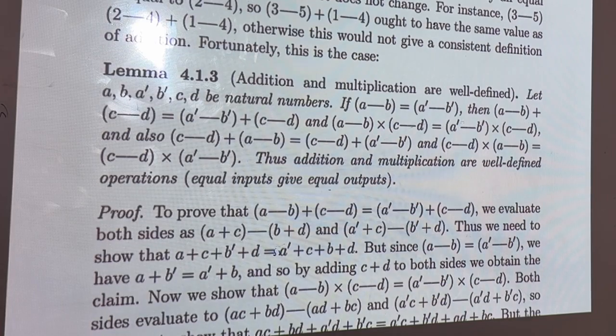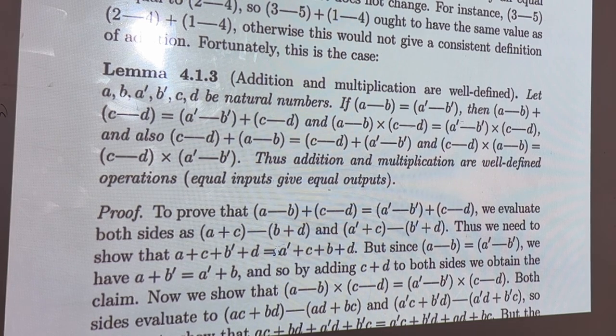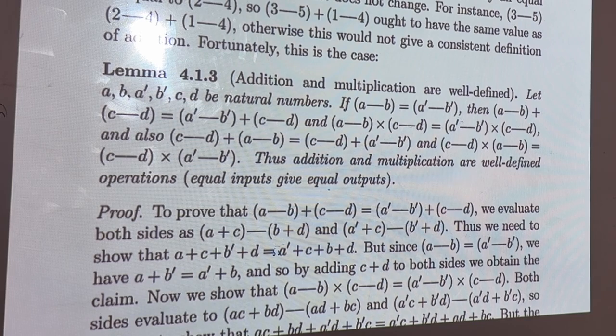Before we prove this, actually I also did not think that it would work out, because this is something you don't expect, no? Anyway, to prove that a—b plus c—d is equal to a'—b' plus c—d, we evaluate both sides.